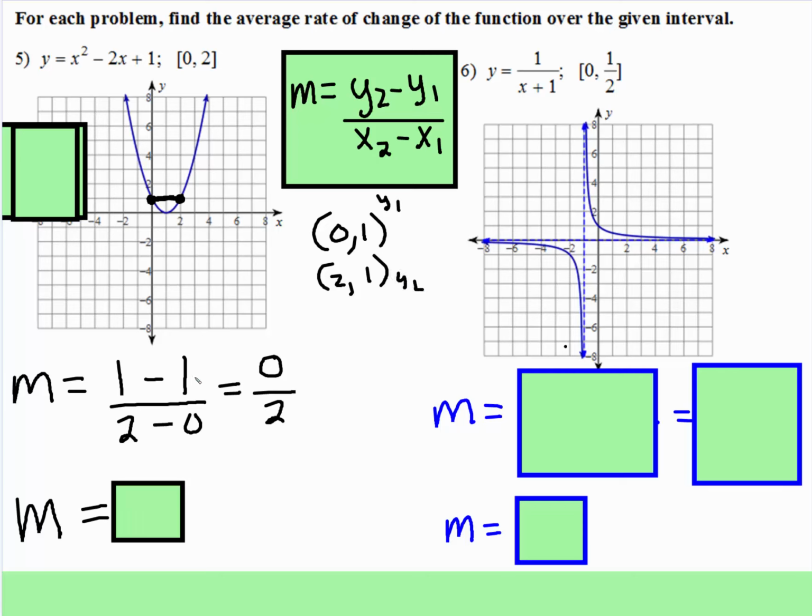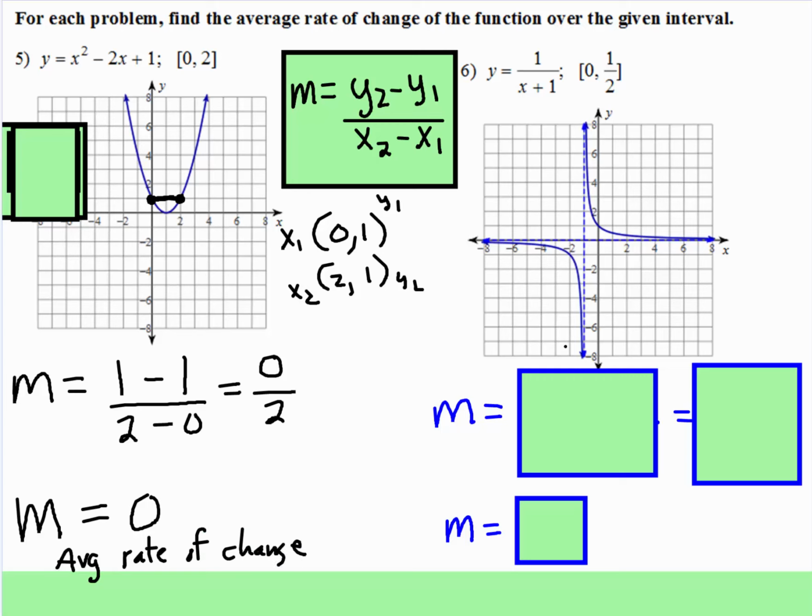So 1 subtract 1, there's our 0. And then x2 and x1: 2 subtract 0 is 2. So in this case, the average rate of change is 0. Slope is 0, but slope is also referred to as average rate of change.